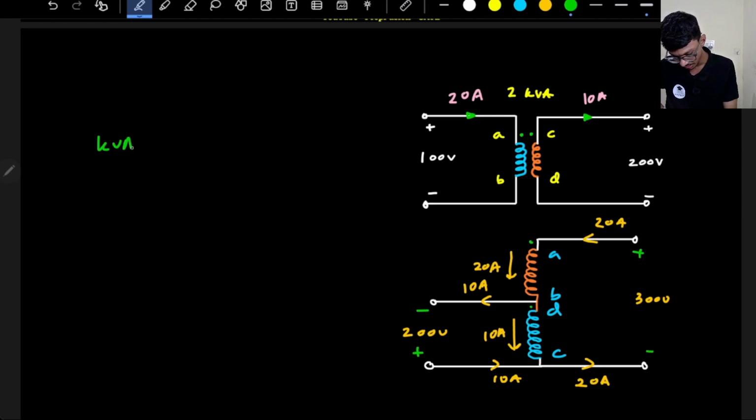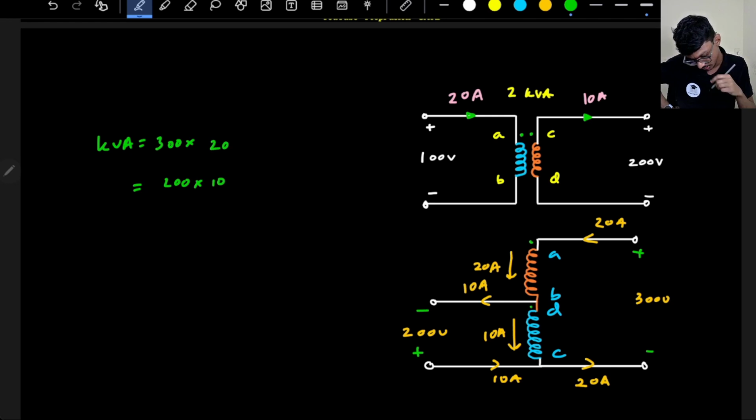It is either 300 into 20 or 200 into 10. Okay, something is wrong here now. This direction should be same only, 20 amperes, and this is 10 amperes. Yeah, this should be 10 amperes. Oh, what about the voltage?